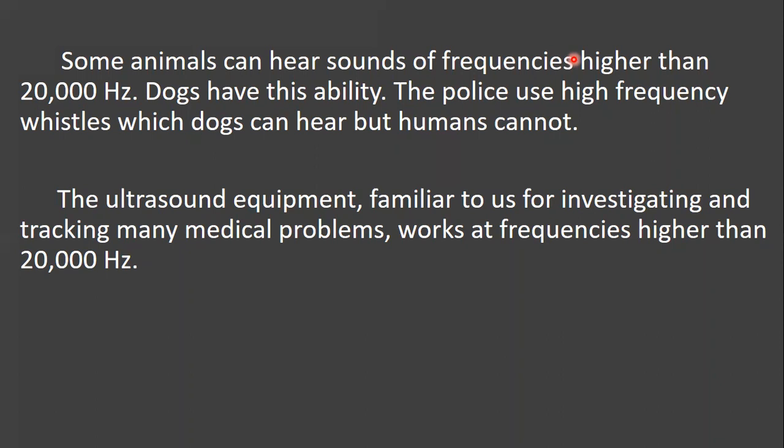And also, sounds of frequencies less than 20 vibrations per second cannot be detected by the human ear. Such sounds are called inaudible sounds. And sounds of frequencies higher than 20,000 vibrations per second are also not audible to the human ear.